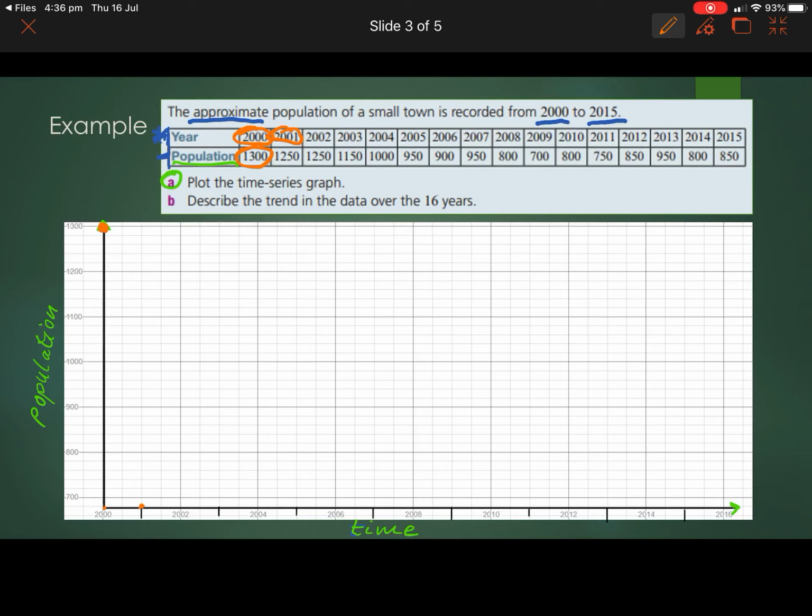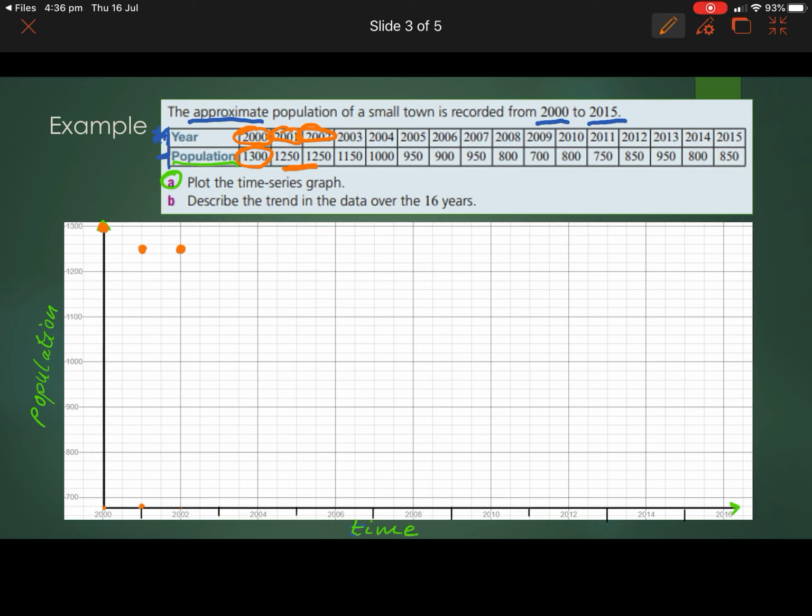So you go up to halfway between 1200 and 1300, which will be here. Then 2002: you go up to the same. See how these are the same population? So going up from 2002, we're at the same level as the other one.